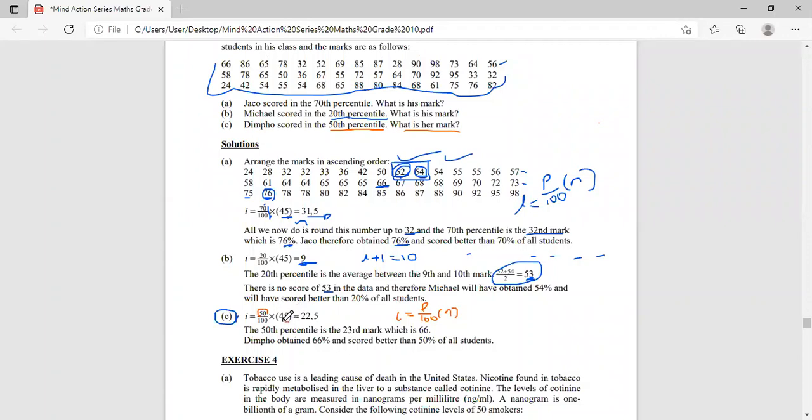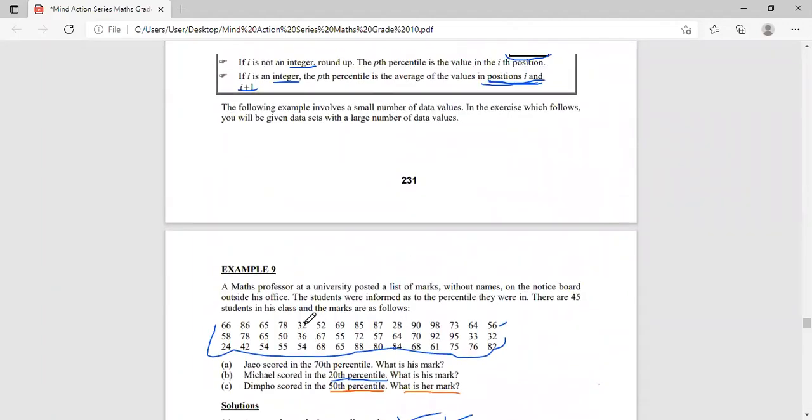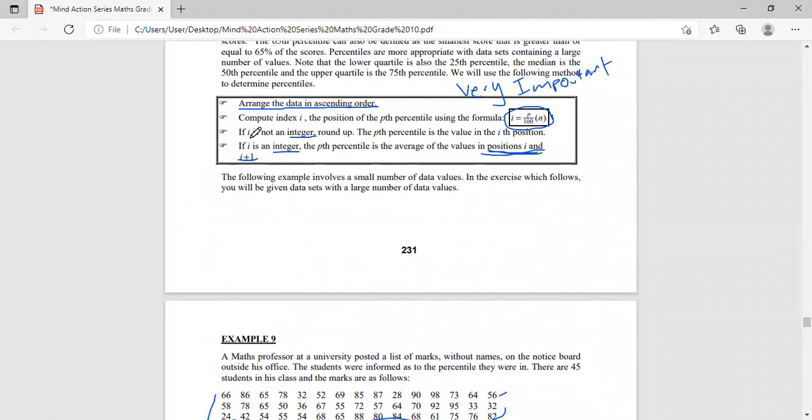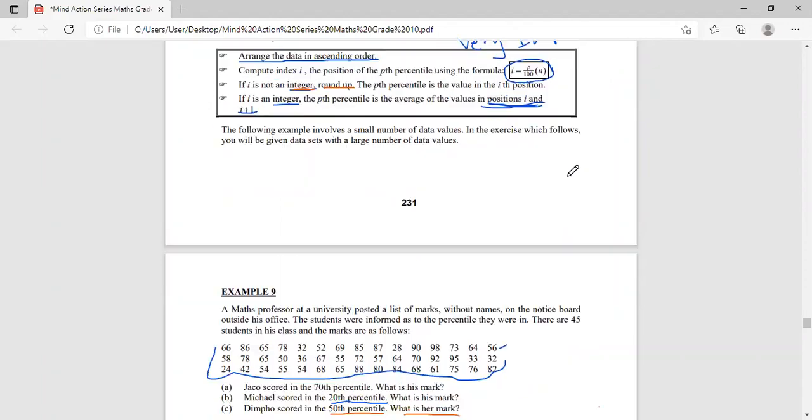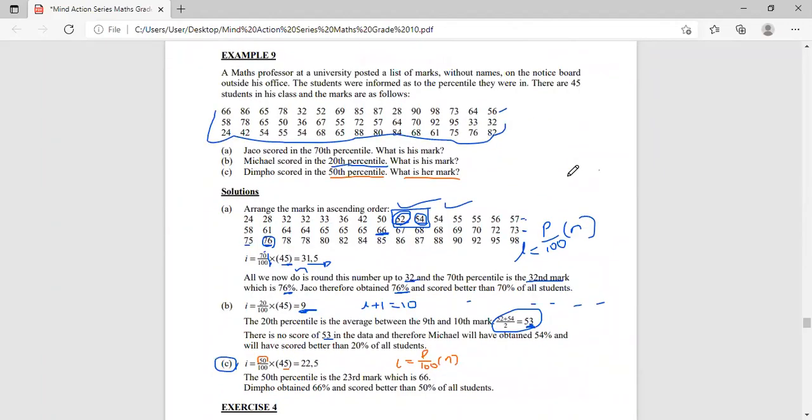The number of values is 45. My answer is 22,5. I is the integer, because I get a decimal, I round up. So when I round 22,5, I get 23. So I look for the mark in the 23rd position.